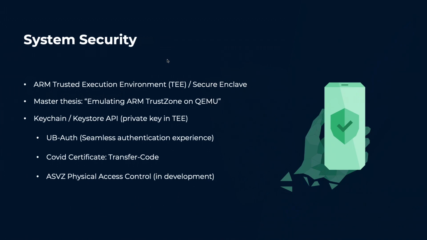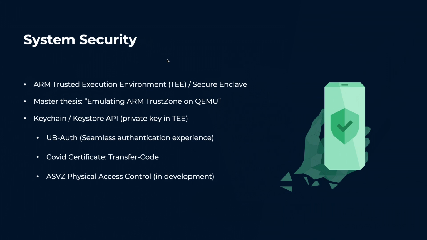Something we learn in system security is the topic of trusted execution environments, or TEE. On iPhones, Apple uses the term secure enclave. This is a feature which allows you to divide a CPU into two modes, a secure world and a non-secure world.